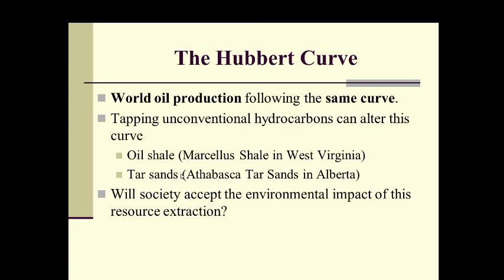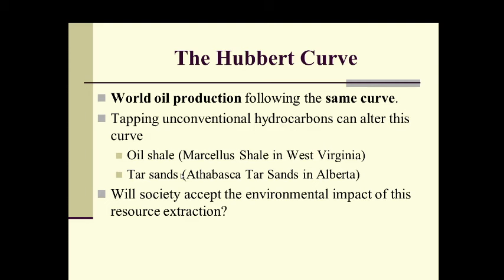There are things that can alter the curve, like the discoveries of the Marcellus Shale in West Virginia and the Athabasca tar sands in Alberta. These were not traditionally looked at as sources, but are now. But remember, there are a lot of environmental impacts to getting the resources out of these locations.